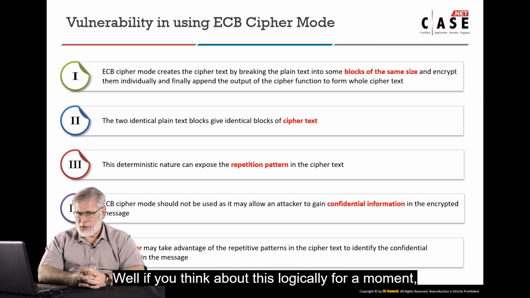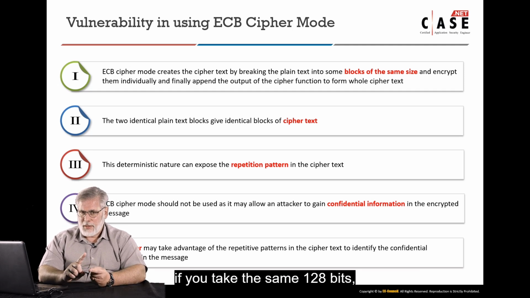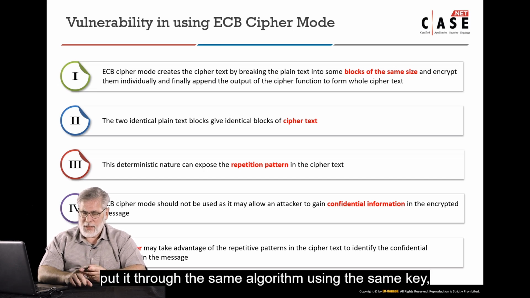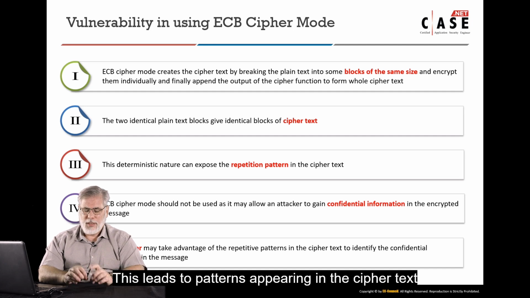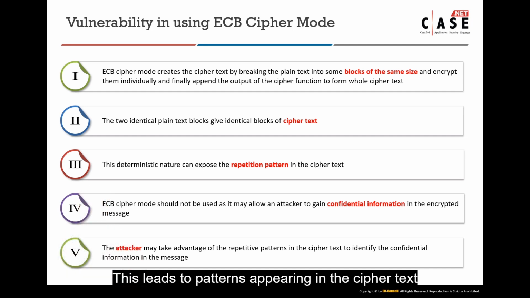Well, if you think about this logically for a moment, if you take the same 128 bits, put it through the same algorithm using the same key, you're going to get the same ciphertext out. This leads to patterns appearing in the ciphertext that an attacker might use to attempt to start to circumvent your cryptography. Now, it's not an easy process for them to do this. It's quite difficult, in fact, but there's a possibility.